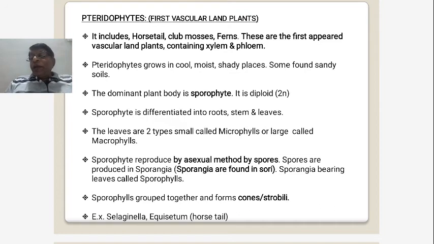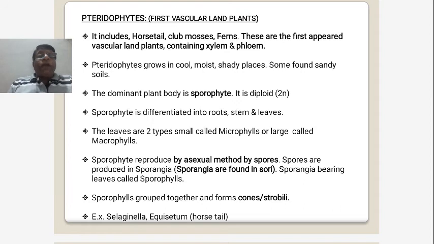See, sporangia bearing leaves are called sporophylls. Microsporophyll, megasporophyll, sporophylls. Okay.